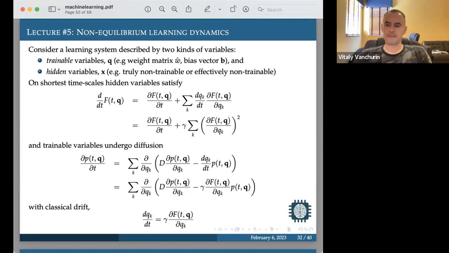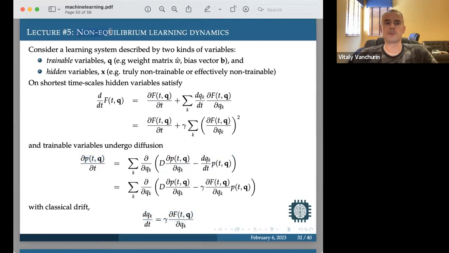Other questions? So at this point, you can think about this, again, as a chain rule. There are no assumptions here. This is an assumption of diffusion, and this is an assumption of the stochastic gradient descent. So really, not very strict assumptions at all. We are thinking about probability distribution, and that's what makes it non-equilibrium.